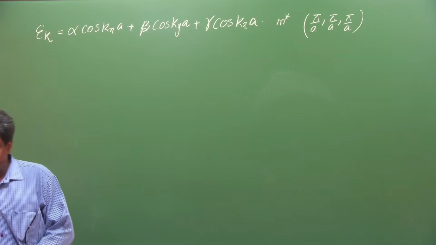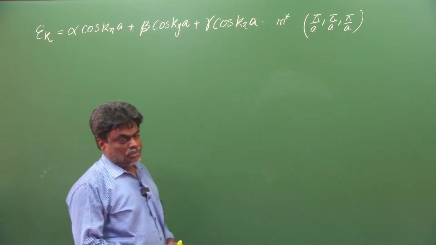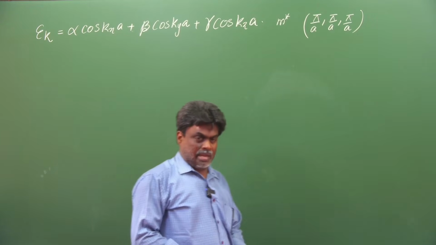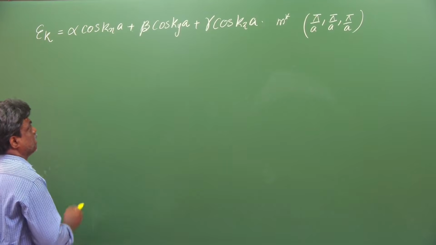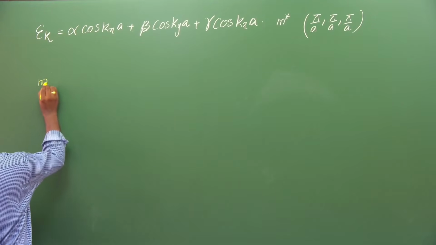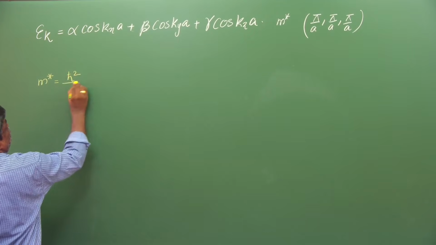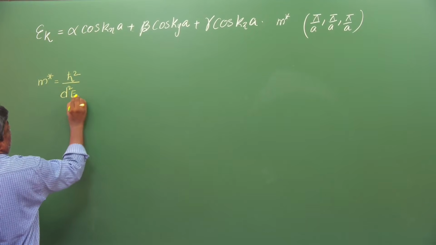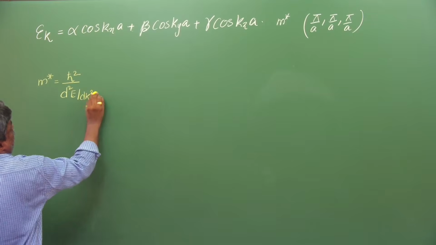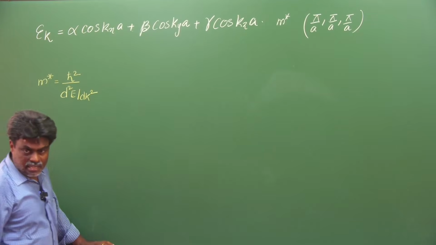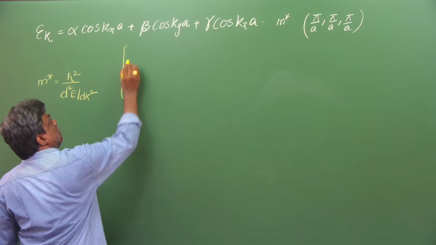First corner of first Brillouin zone, pi by a, pi by a, pi by a. Ready? So here he is asking m star. What is m star? H cross square by d square e by dk square. But he is asking a tensor. Tensor means no need to get tension.